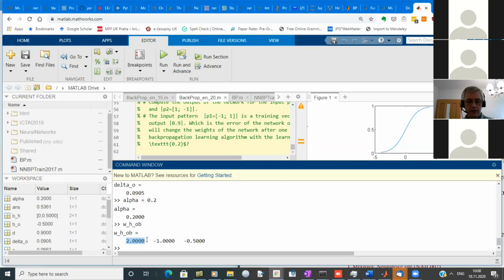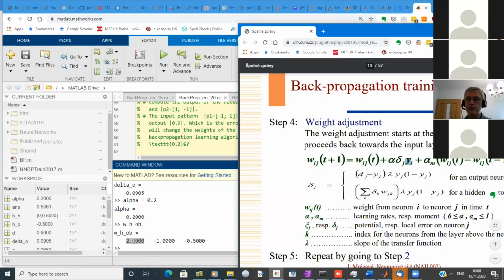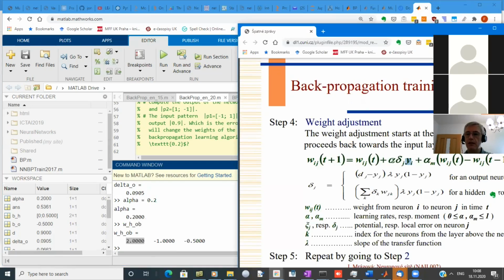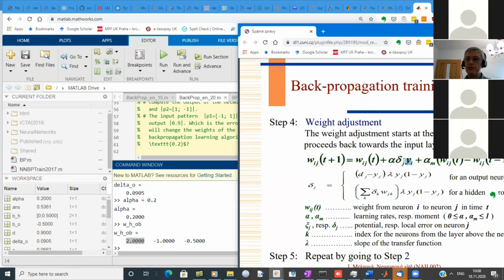And it should be adjusted using this formula. So to the original value for the weight 2, we should add alpha times delta term on the output neuron times the value which is propagated from the first hidden neuron.